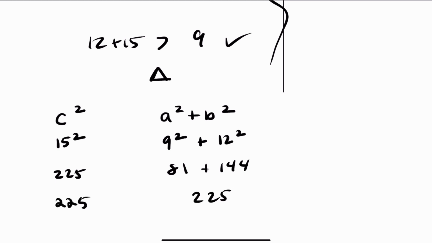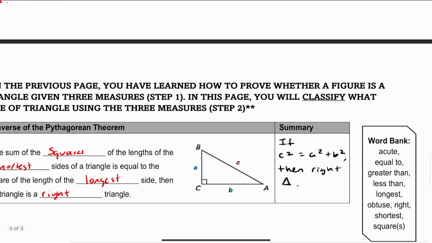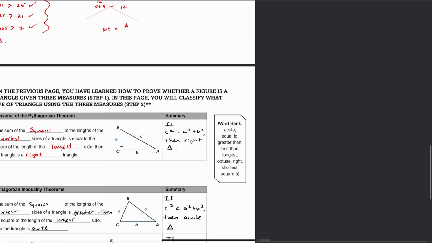So compare c squared to a squared plus b squared. Is the left-hand side equal, greater, or less than the right-hand side? It's going to be equal, so then we have a right triangle.